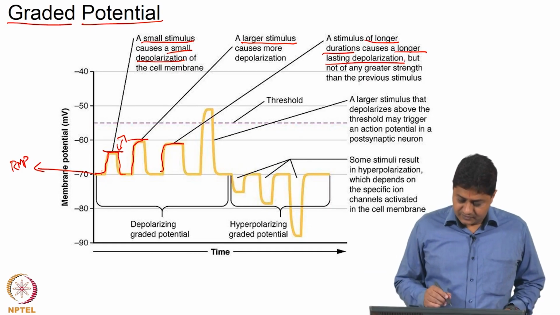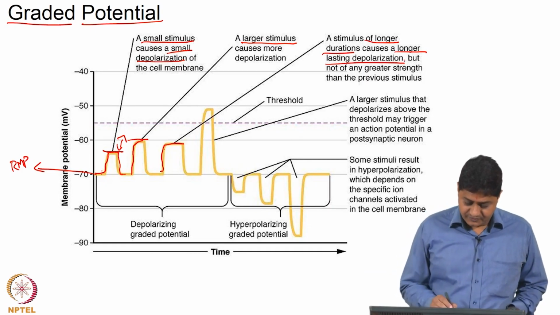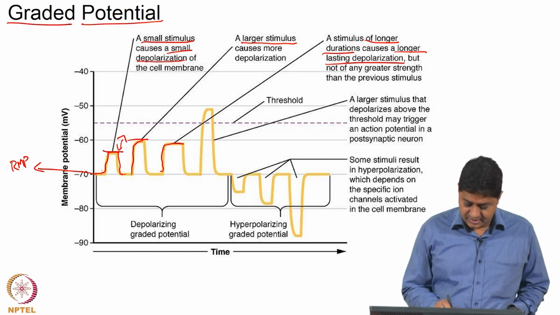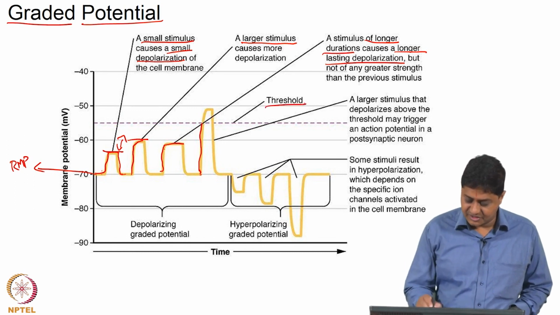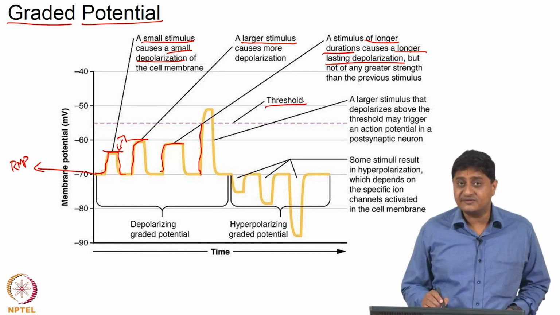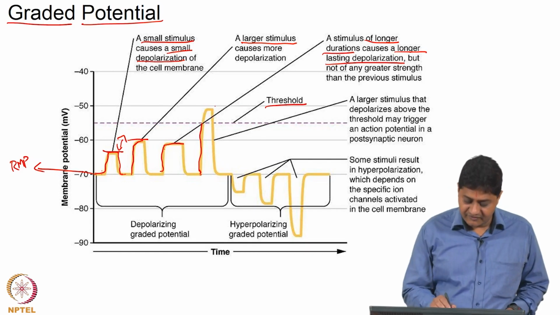And suppose the stimulus causes a depolarization that is above a certain point, which we are going to call a threshold, then it is going to cause what is called an action potential. That topic we will discuss later.